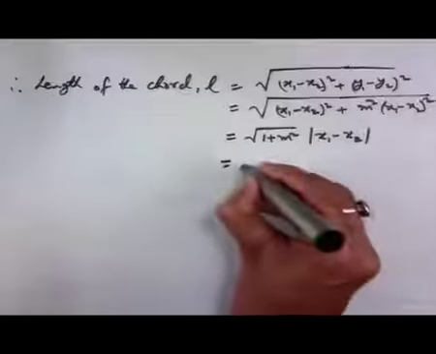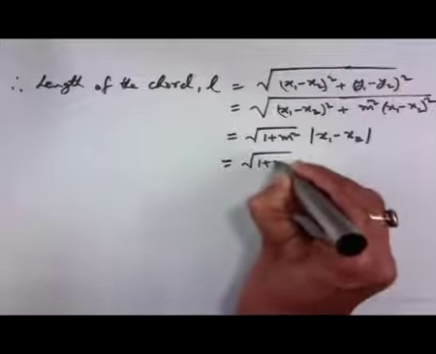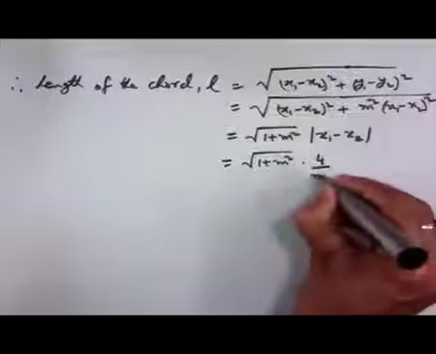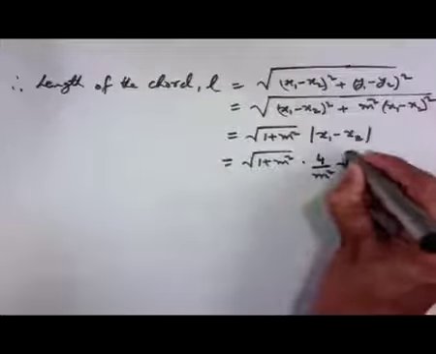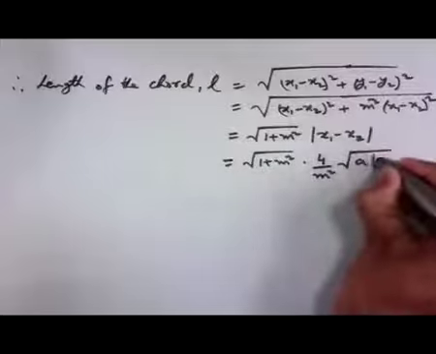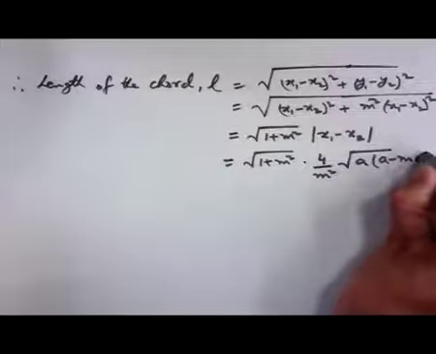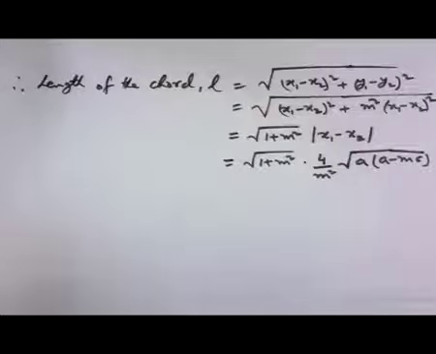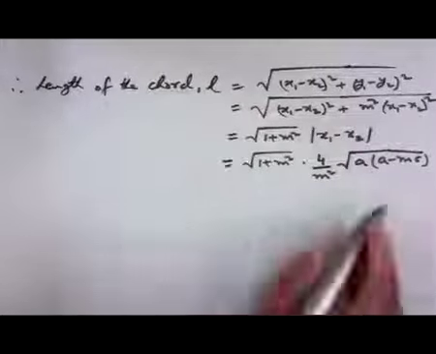So, this is equal to square root of 1 plus m square times 4 by m square square root of a times a minus m c. Okay. So, this gives the length of the chord.